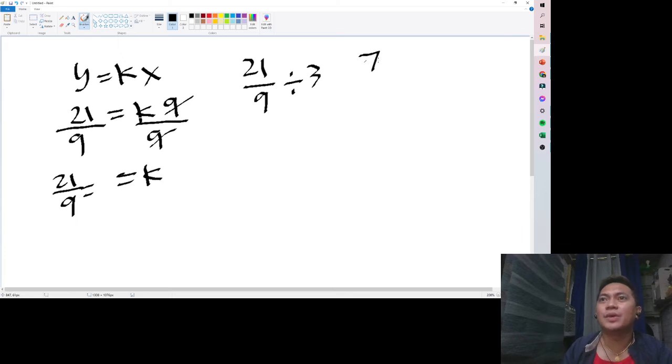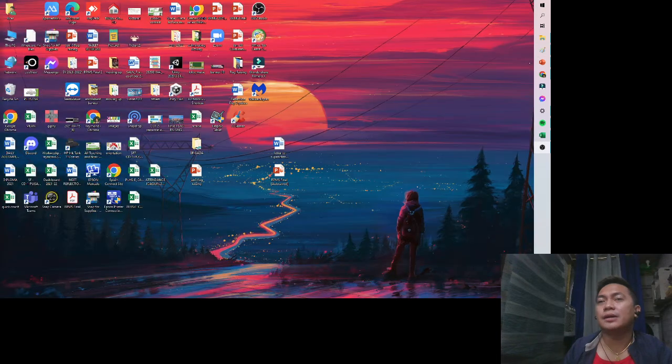Okay? Because 7 times 3 is equal to 21. How about 9 divided by 3? That is equal to 3. So our k is equal to 7 over 3. Okay? So gagamitan natin into lowest term kasi mas mababa, mas mabilis natin siya masolve. Next. So our k is equal to 7 over 3.